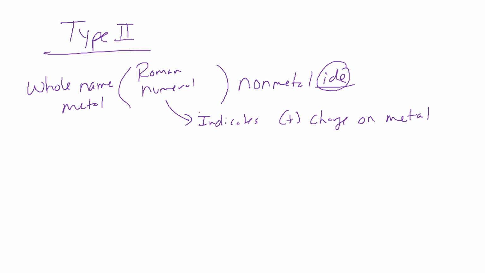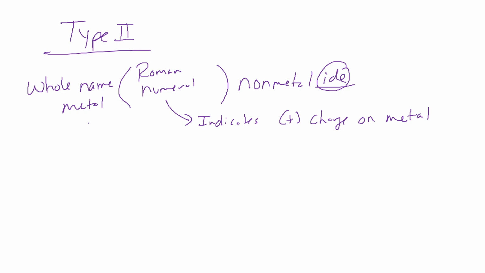That is the difference between type 1 and type 2. Because these metals can have more than one charge, we need to tell people looking at it that in this case we're dealing with the metal with a +2 charge, or a +3 charge. That's what the Roman numeral helps us decide.